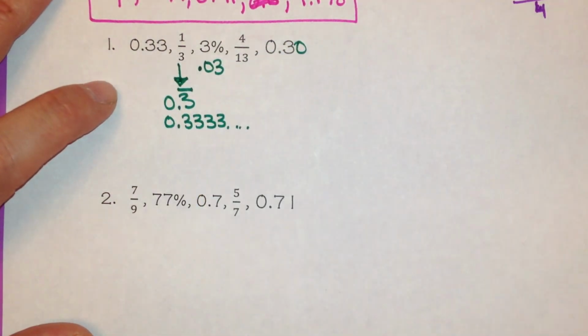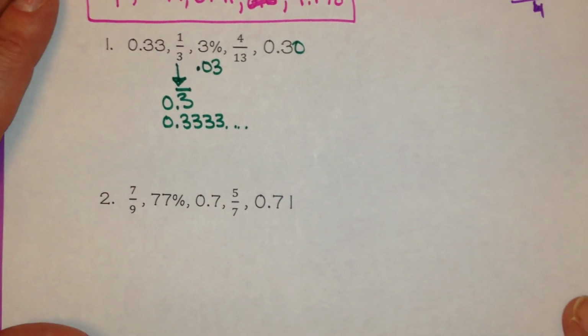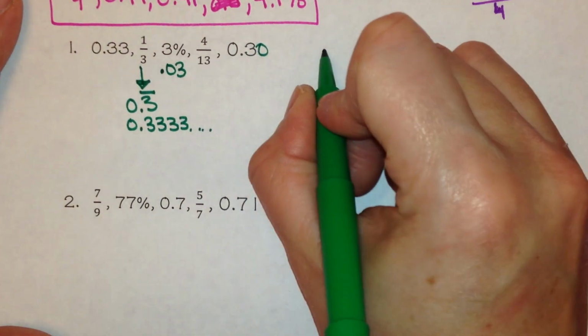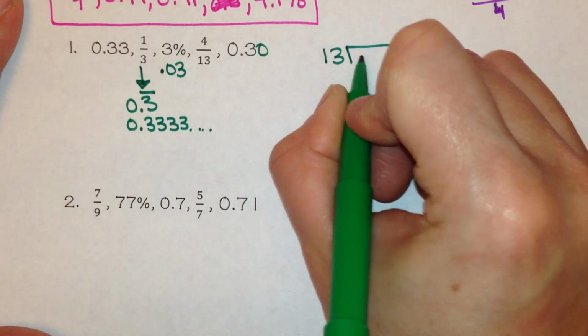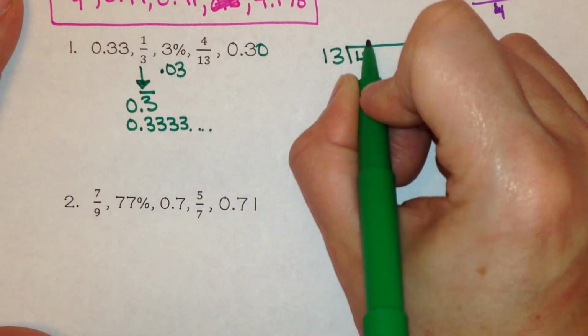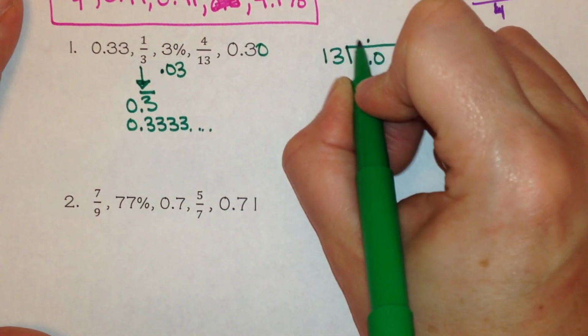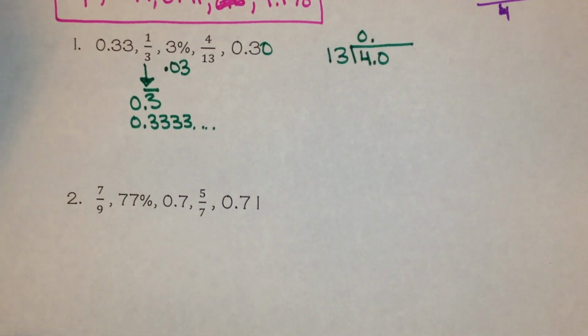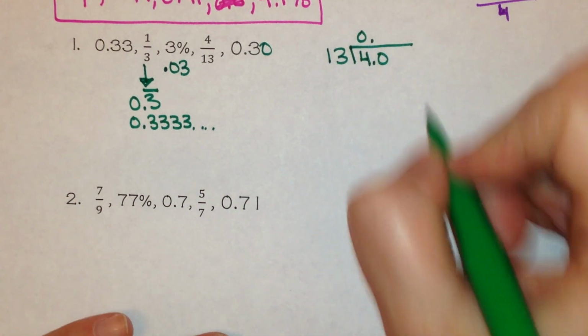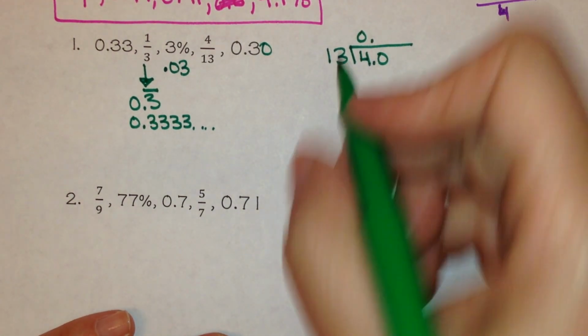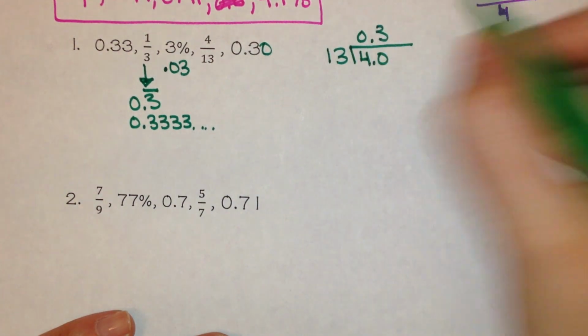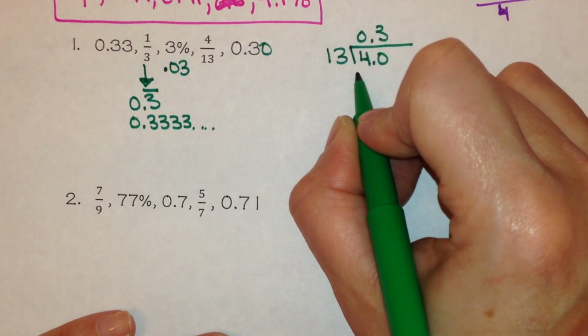All right, so it looks like 4/13 is the one that I need to do long division with. Put the 4 underneath at the decimal point, because I know 13 goes into 4 0 times. All right, so then 13 goes into 40 3 times, and 3 times 13 is 39.